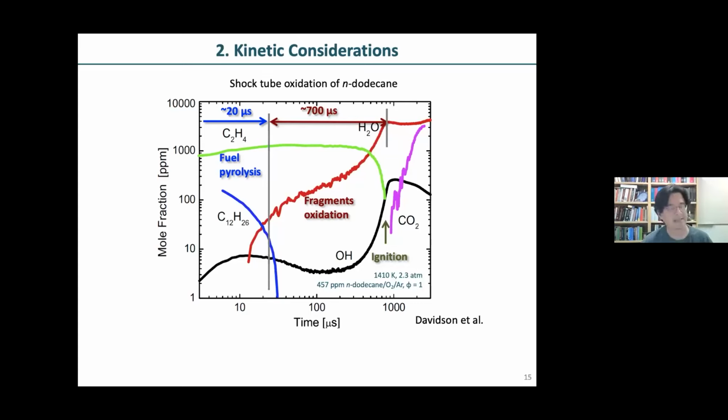So when NTC starts, for what I presented here, the high temperature chemistry assumption falls apart. In other words, the high temperature part that I discussed today roughly falls apart at around 1000 Kelvin. Below it, you should expect NTC behavior to be important.